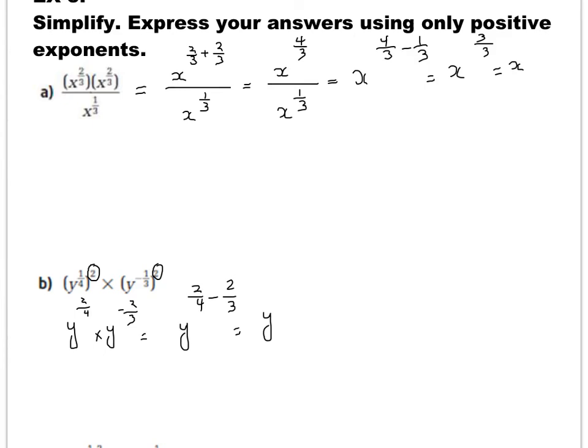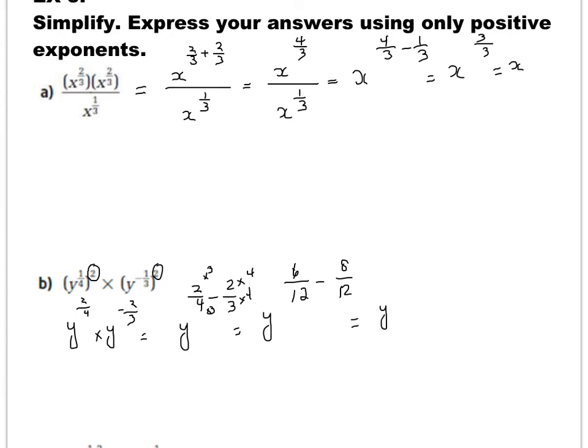Now the common denominator here is 12, so I'm going to multiply this one by 3 and this one by 3, so I get 6 over 12 minus, and this one I'm going to multiply by 4 and the denominator by 4, so I get 2 times 4 is 8 over 12.